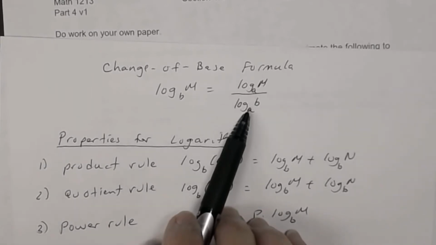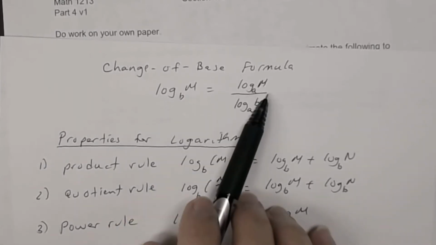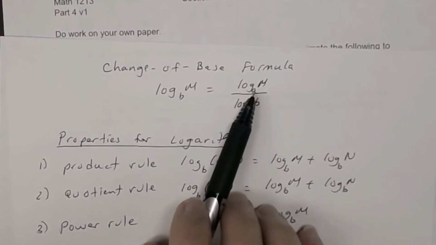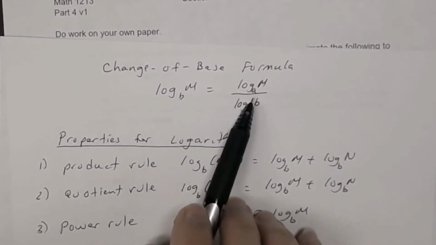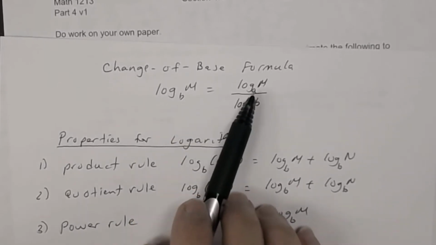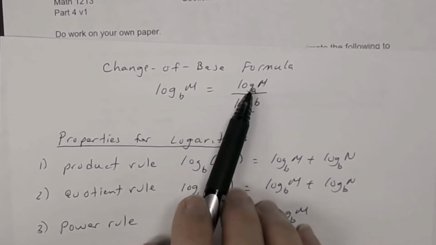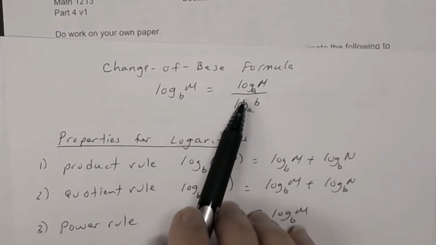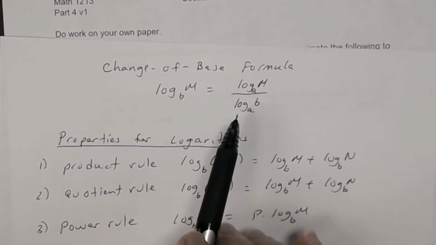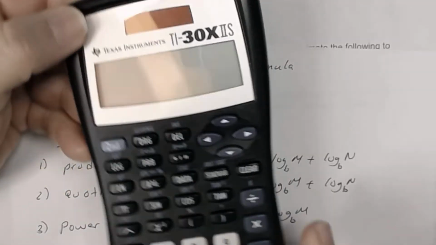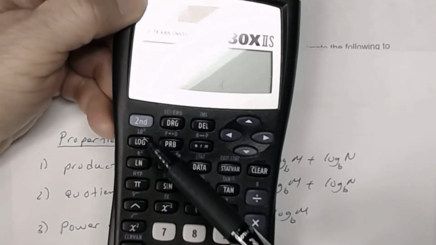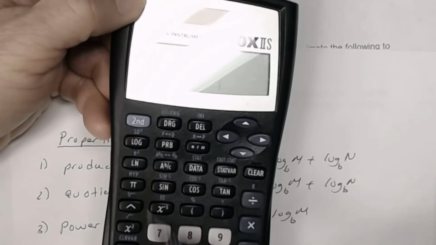You can go from any base to any base. It can be base 2, base 2.7, base 3, base 4.6, whatever you want. But keep in mind that if you're using your calculator, you really want to use the common logarithm or the natural logarithm.